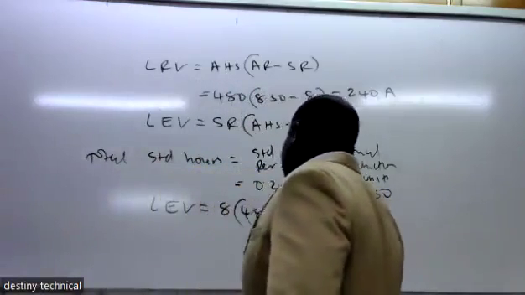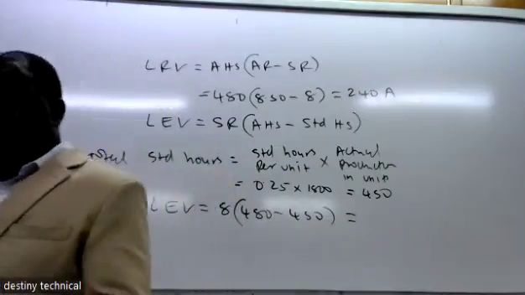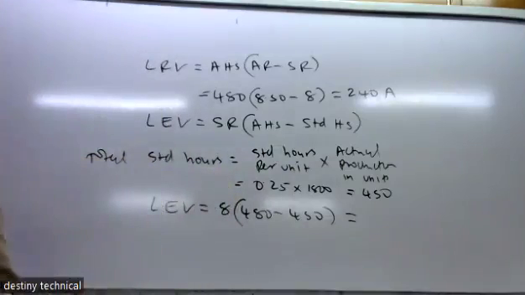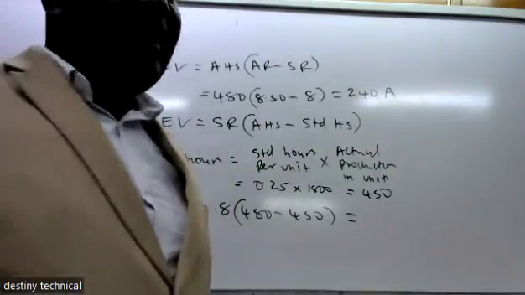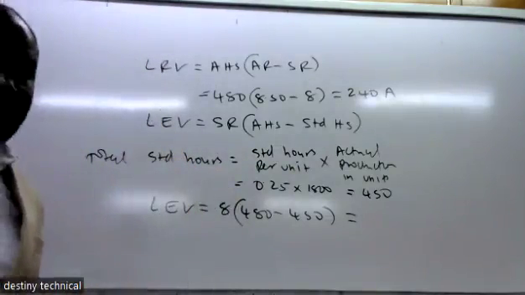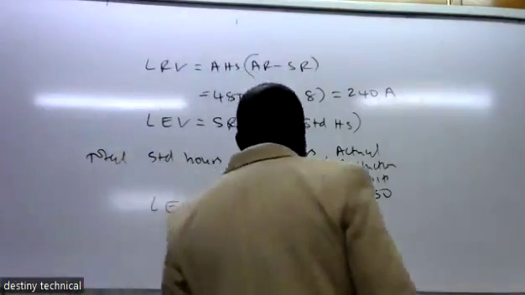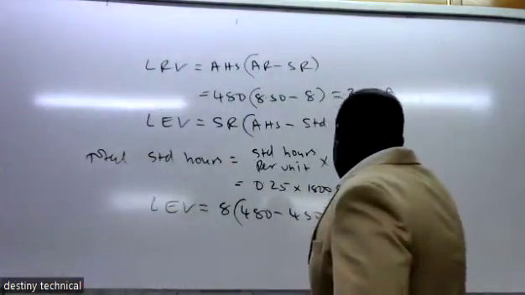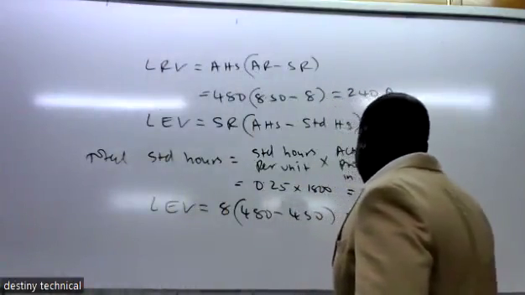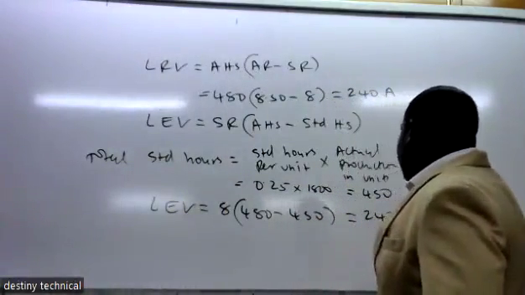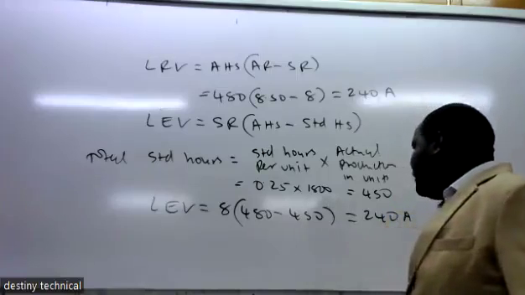So that variance is also adverse. The variance is meant to be adverse. So we get 240, which is adverse.